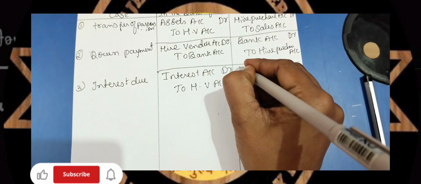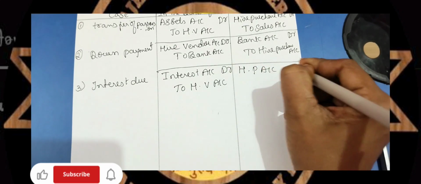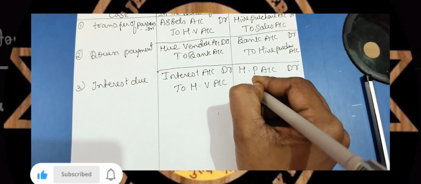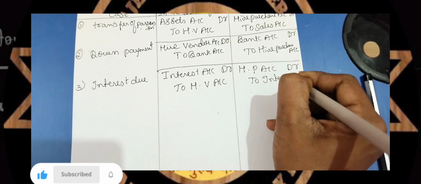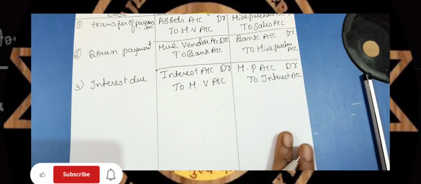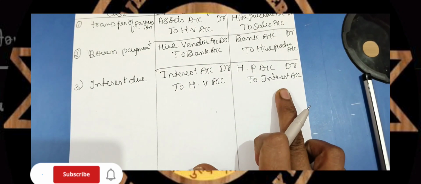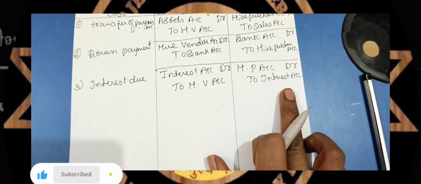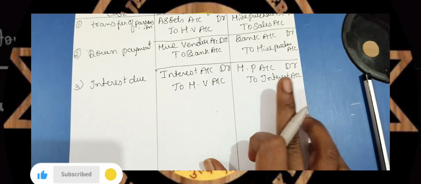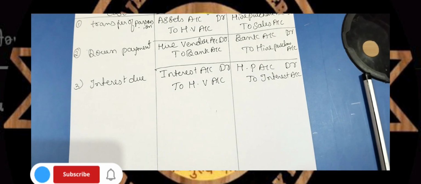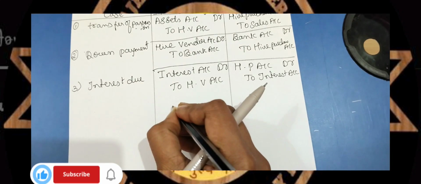Here hire purchaser account debtor to interest account. So interest is an income for the hire vendor, and he received the amount from the hire purchaser.